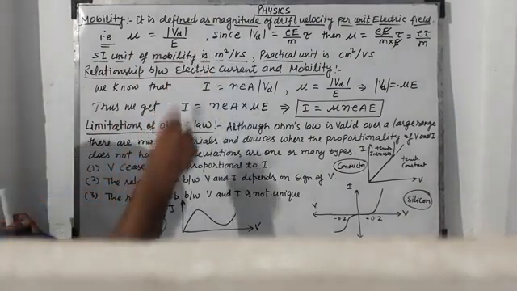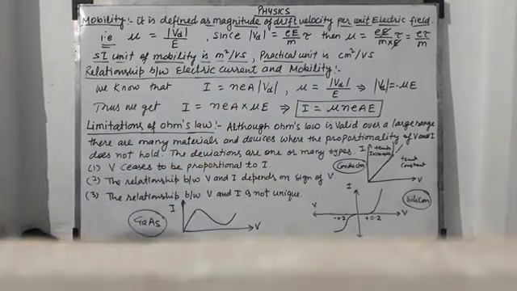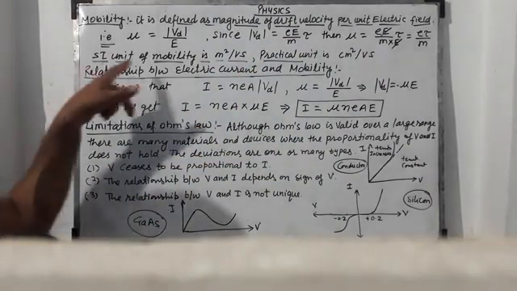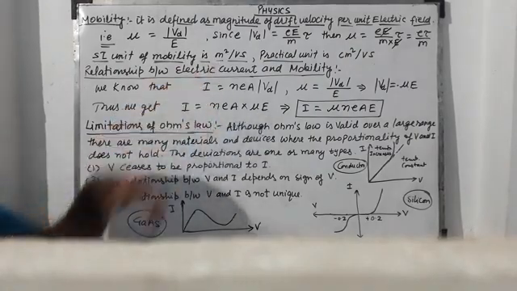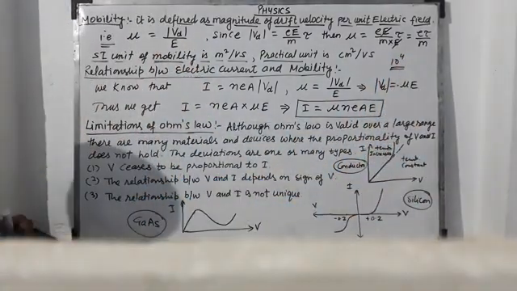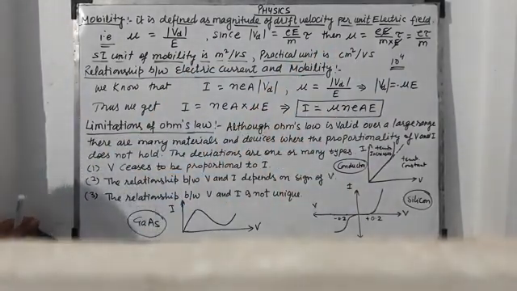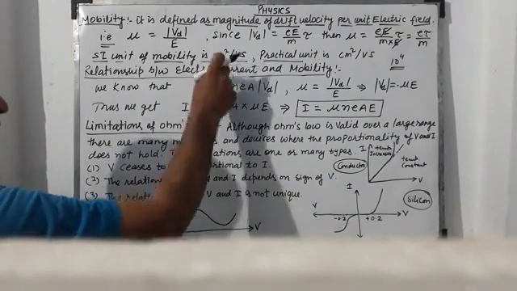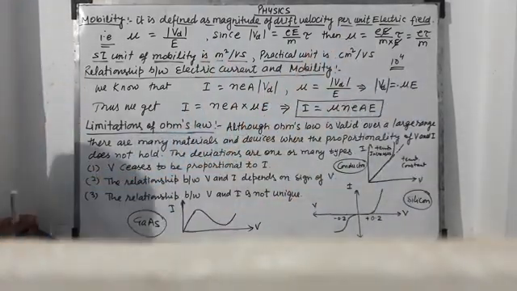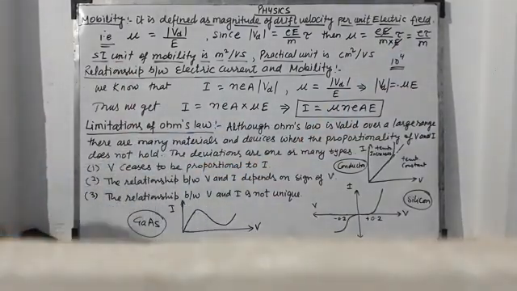The SI unit is 10 to the power 4 times greater than the practical unit, because meter square is converted into centimeter square, so we get 10 to the power 4.